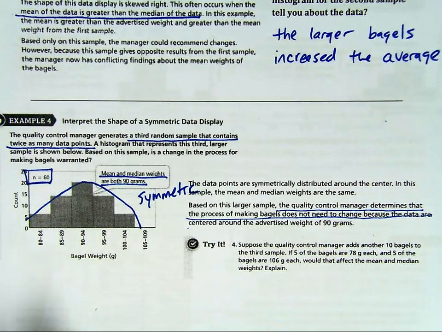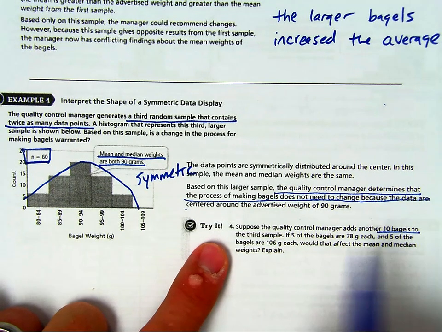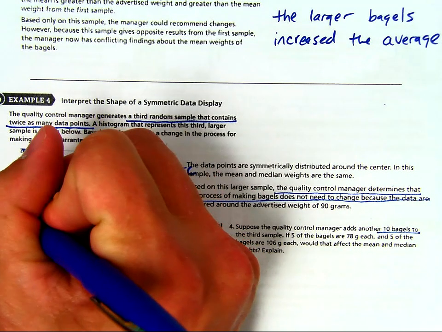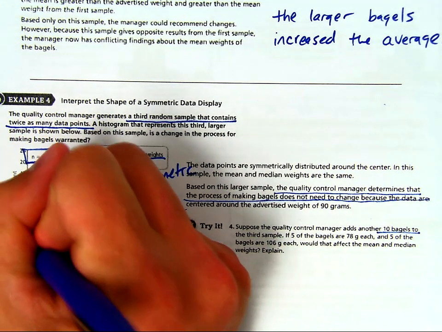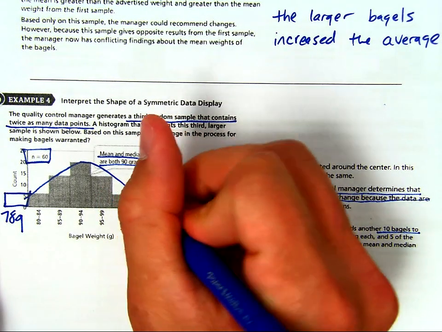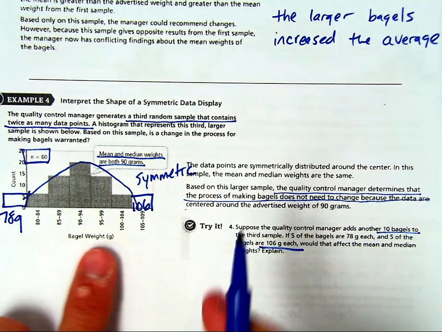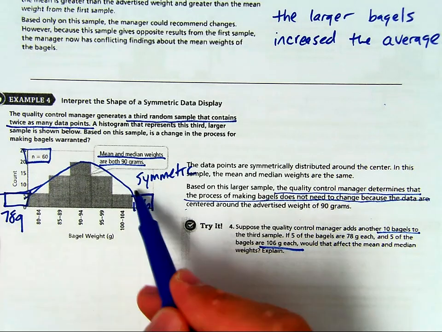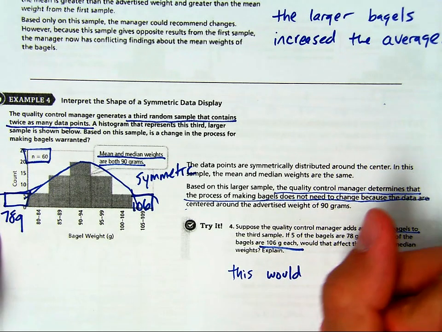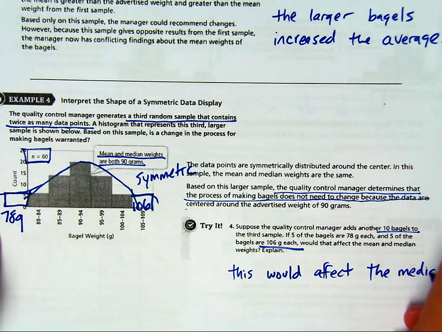All right, so 4, suppose that the quality control manager adds 10 bagels to the third sample. 5 are 78 grams, all right? So 5 would be right here. Okay, this is 78 grams. And then 5 are 106. So even if we were to add 5 to each side, this would not affect the median or the mean.